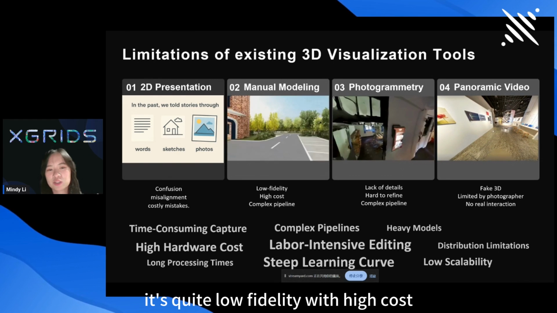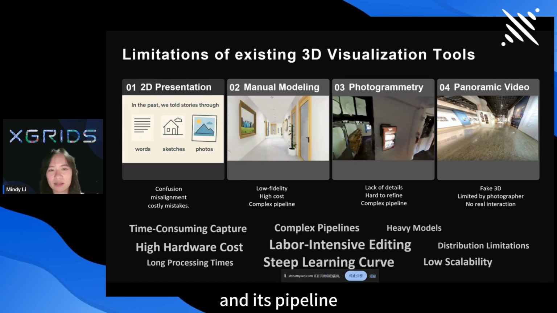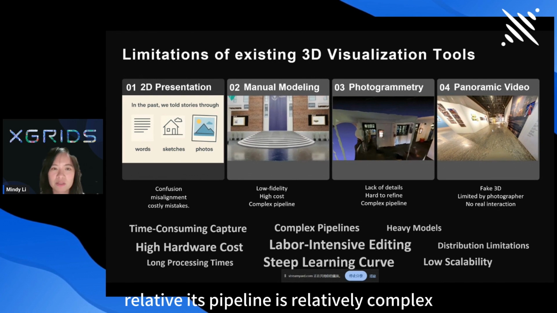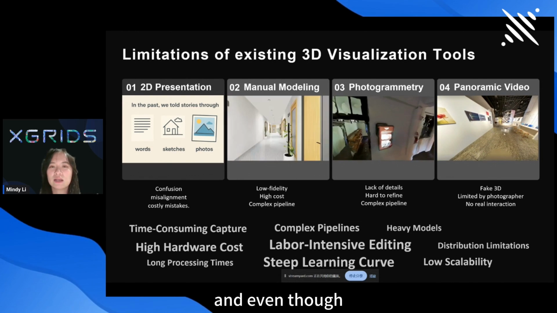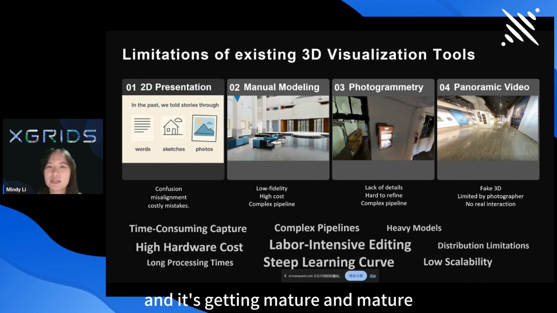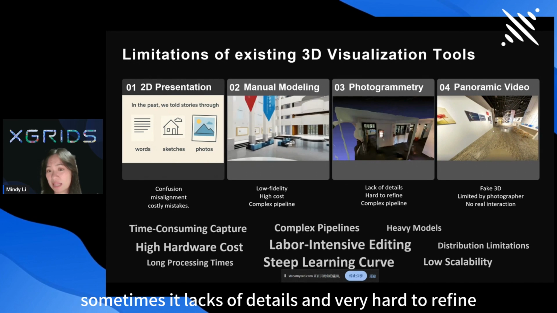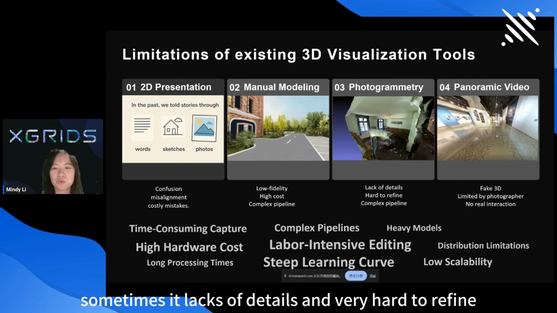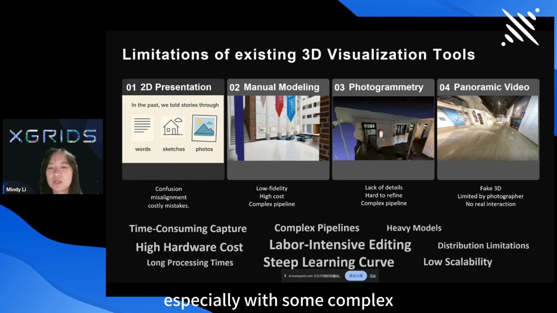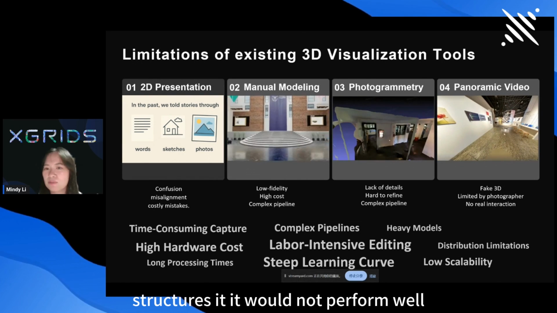But it's low fidelity with high cost, and its pipeline is relatively complex. And even though photogrammetry has developed for nearly 10 years and is getting mature, sometimes it lacks details and is very hard to refine, especially with complex structures. It will not perform well.